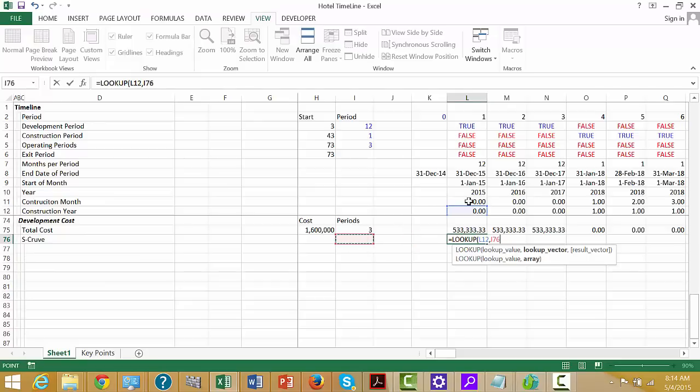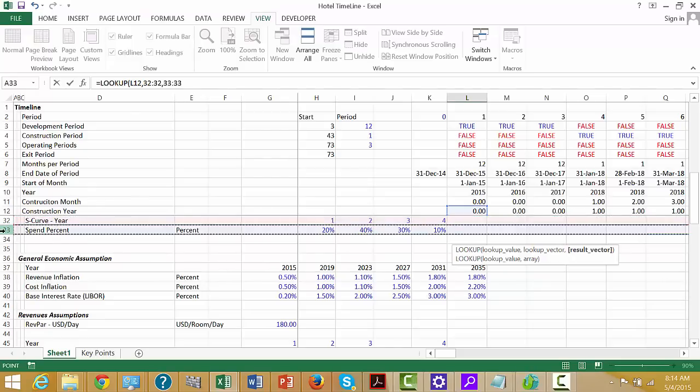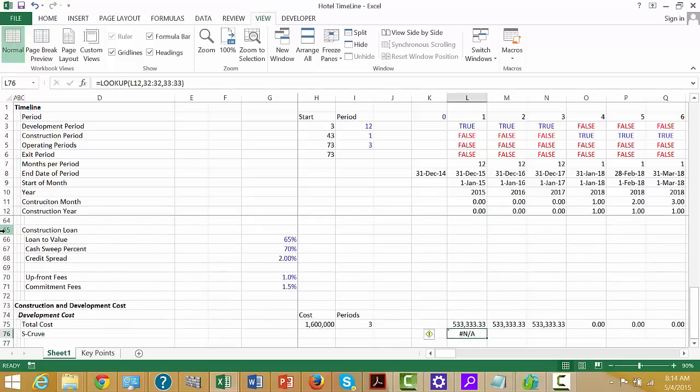and then you say, okay, let's find the top of the construction year. Now if you press Shift Spacebar and then click on the spend percent, you can get this.